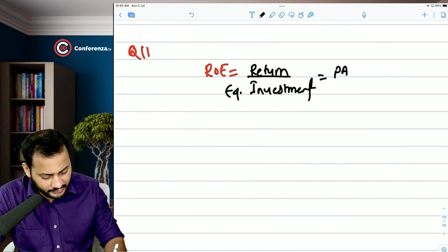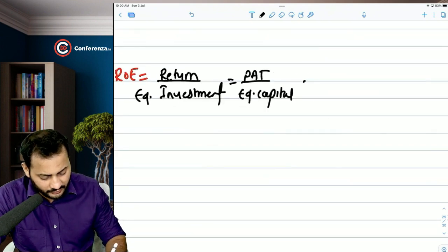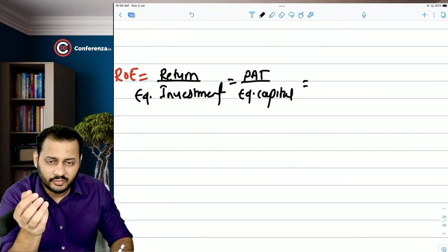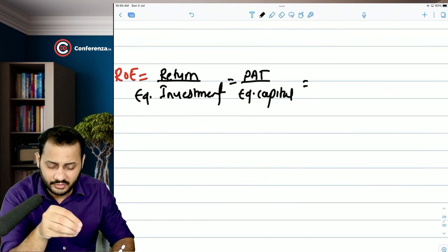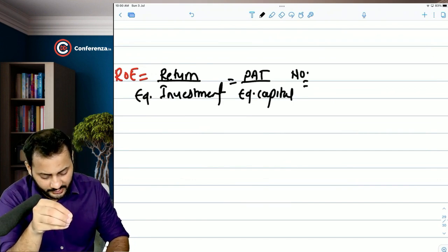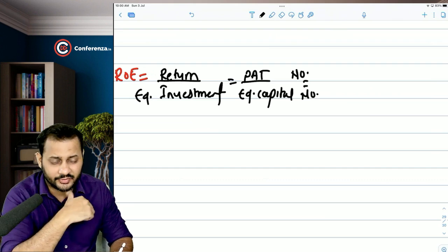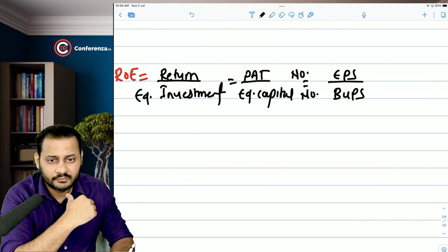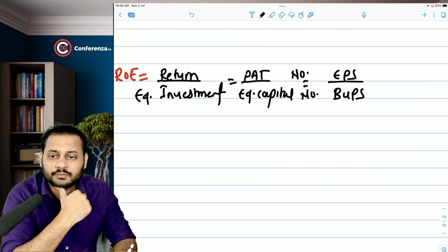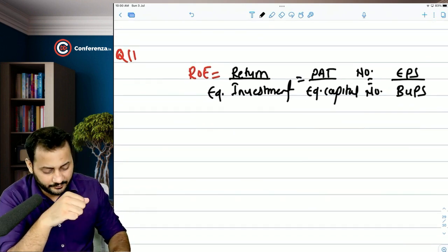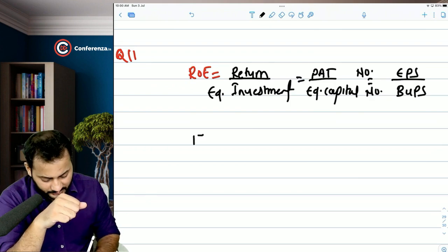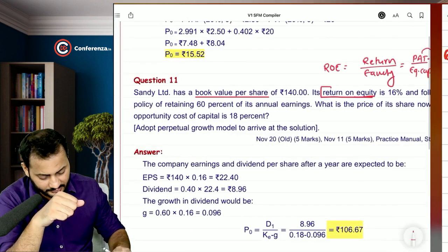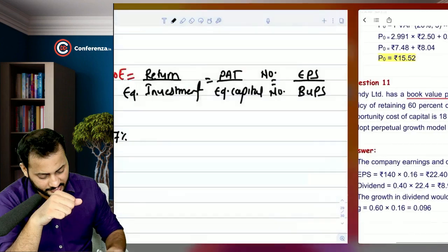In another sense, we call it profit after tax for equity divided by equity capital. This is in total, but to calculate the same on a per share basis, we divide numerator and denominator by the number of shares, and it gives you EPS divided by book value per share. In the question itself, this is given to you as 16%.